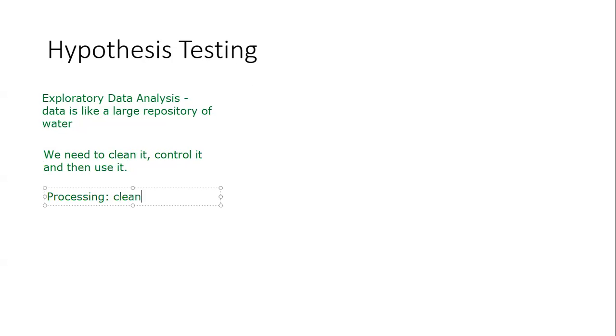First of all, we have to clean it. So what does cleaning mean? Can anyone tell me the activities in the cleaning process? What are the typical activities? Eliminating null values, one of the elements.